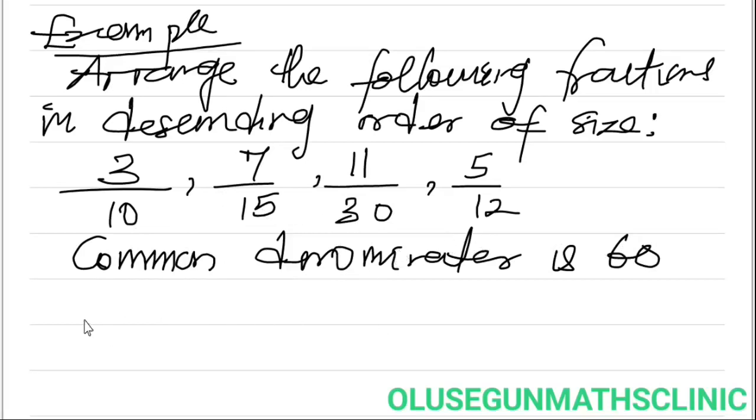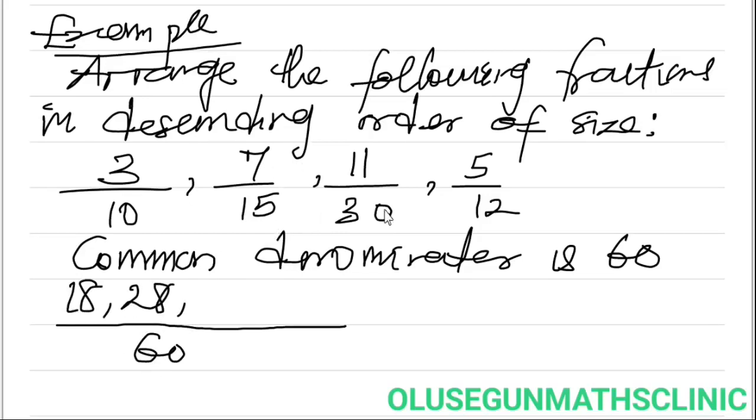So now when you put 60 like this, I want to put a common denominator. Let's have 60. So 60 divided by 10 is 6. So 6 times 3, we have 18. That is the first one. 60 divided by 15 is 4. So 4 times 7, we have 28. 60 divided by 30 is 2. 2 times 11, we have 22.